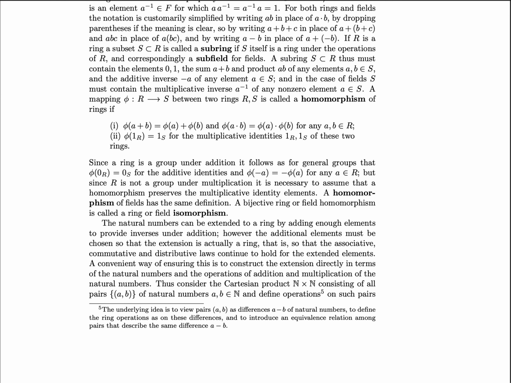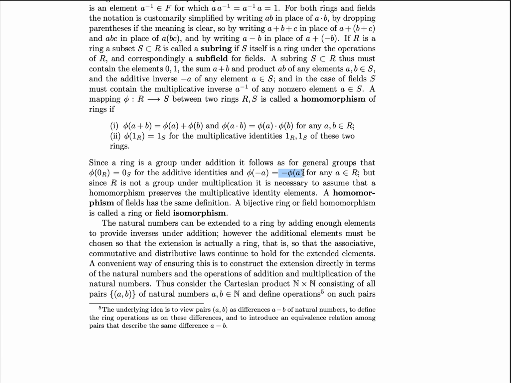Since a ring is a group under addition, it follows, as we did before, that we need not specify the additive identity, because we get guaranteed that phi of 0 sub R is equal to 0 sub S. Additionally, the inverse with respect to the additive operation is preserved under ring homomorphisms.